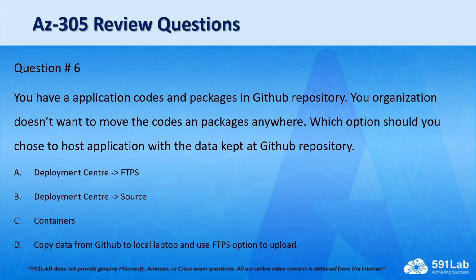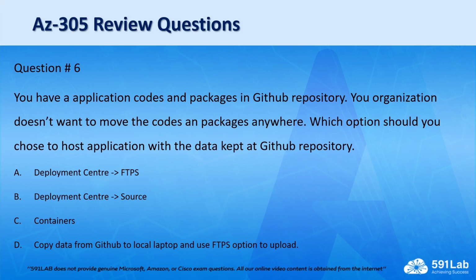So we have the options Deployment Center FTPS, Deployment Center Source, then containers, and copy data from GitHub to a local laptop and use FTPS to upload. One thing we need to understand here: the organization does not want to move the data from the GitHub repository.